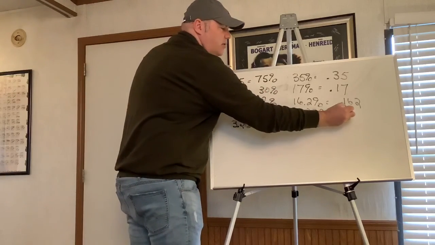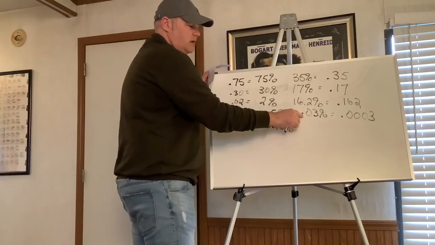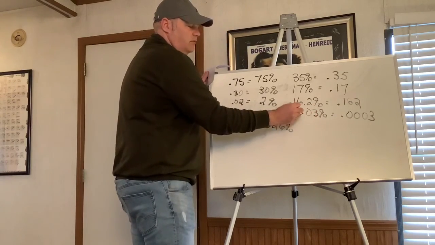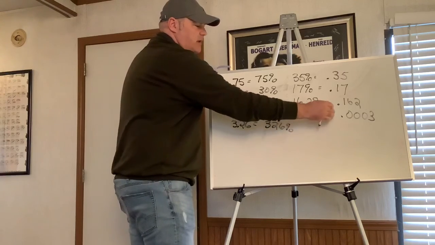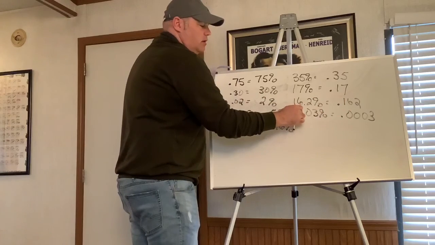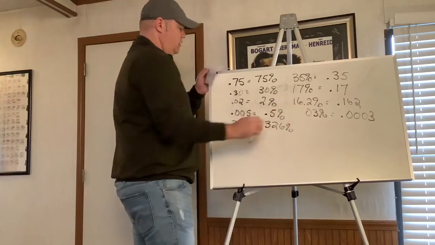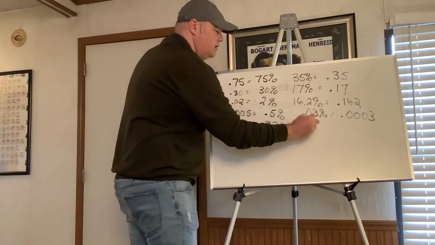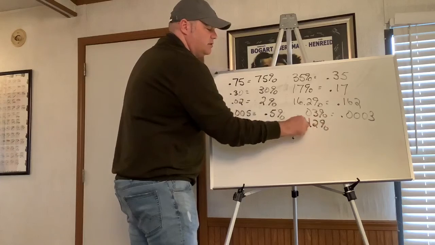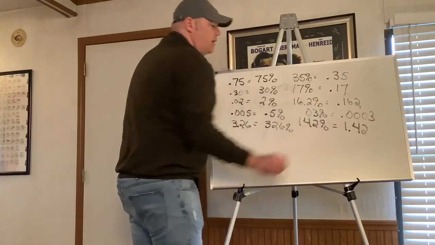So your answer is 0.0003. I started here, there was already a 0 there, moved it twice, and 2 more zeros got put there. So it's 0.0003. Then 142%, move the decimal twice, and you've got 1.42.